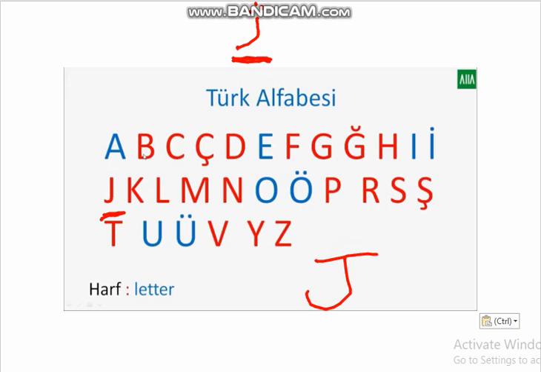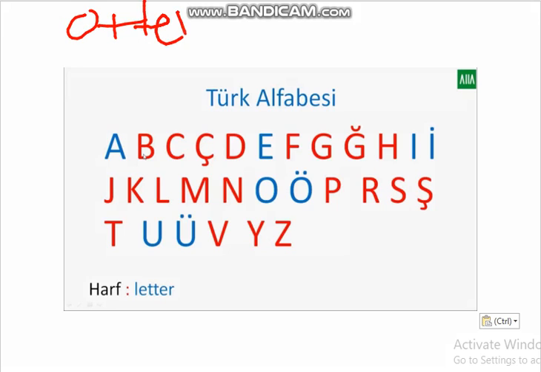Now come to the O's. Same as the I, this O is a really elongated version of O. For example, we just write water.